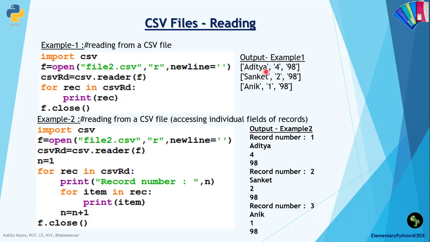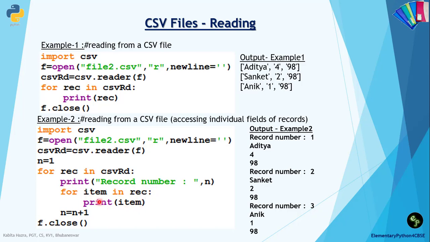So this will display the content one record at a time. Now if you want to display individual field or item of each record individually, then we have to use another loop, with one variable as counter. Each time we are reading a record, I will increase it by 1. Now for each record in the reader object, display the record number. Then for each item in the record, print individual item.